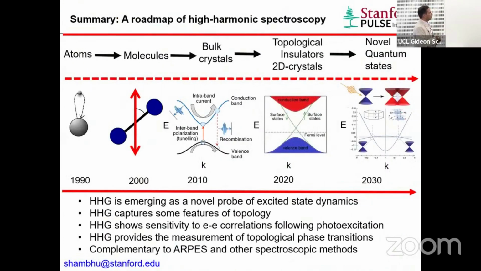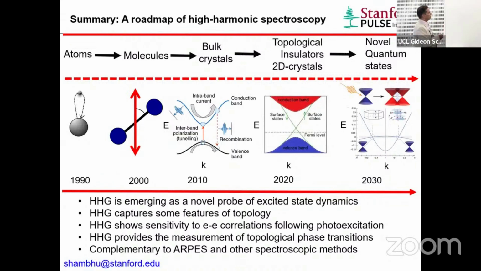And this is my final slide. I just wanted to give my perspective on how this field would evolve. As you know, we started around the 90s, when high harmonics and this recollision physics really kicked in. And we, as a community, had a lot of exciting work to probe these molecular systems and to produce isolated attosecond pulses.